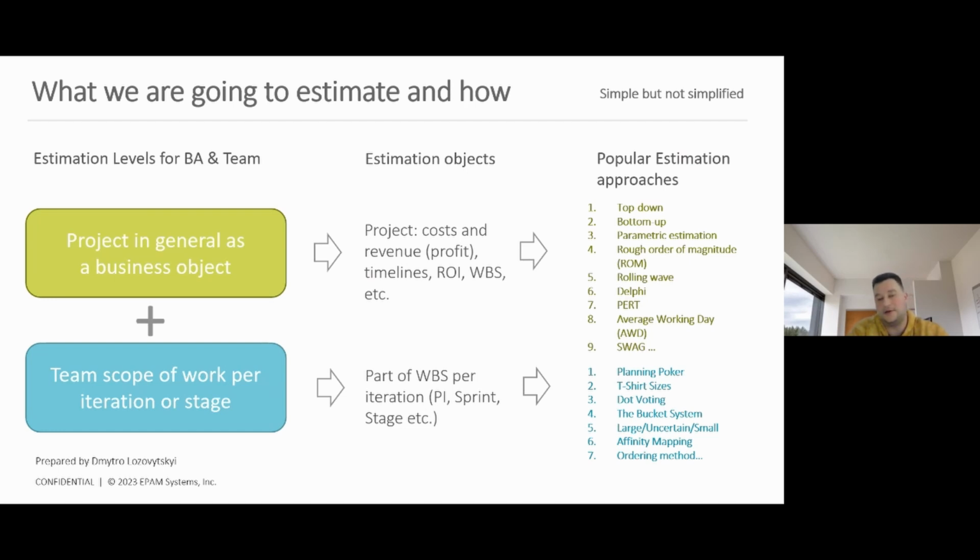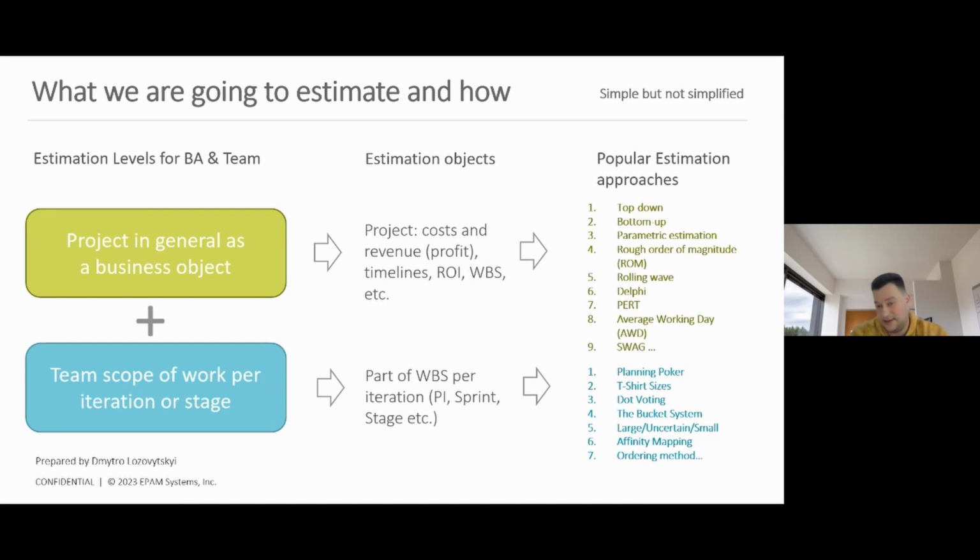Of course, the part of the work breakdown structure per iteration. It means that you can identify the development iteration scope of work based on your current or preferable project framework that you're going to use. So PI, sprint, stage, etc.